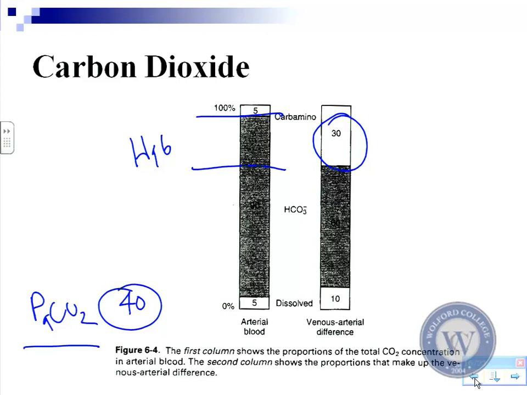What about my venous CO2? When you look at this value, you think, man, there must be a lot more carbon dioxide coming back, right? How much difference is that? 5.